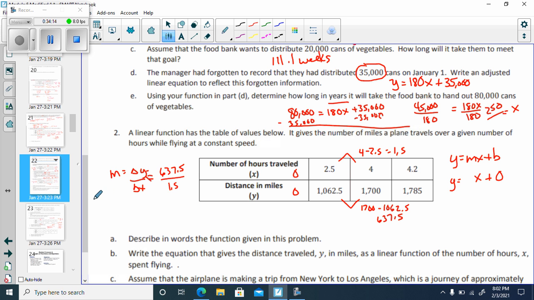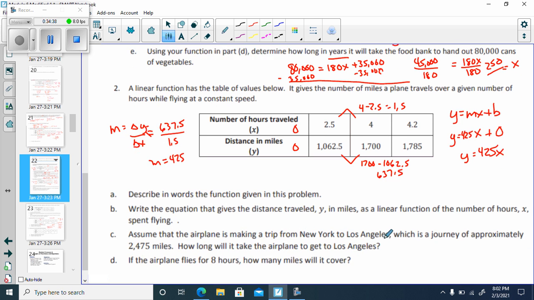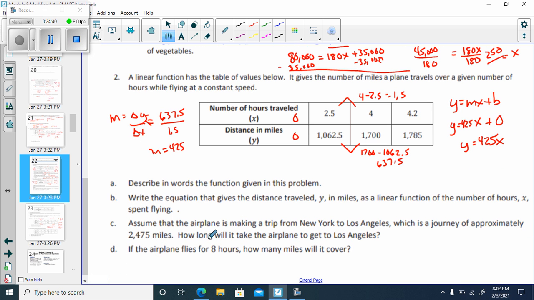And that would give me 425. That means we're flying 425 miles per hour. The equation would be y is equal to 425x. I don't need the plus 0 at this point. Describe the function. This says that the number of miles flown is 425 miles per hour times the number of hours. We just wrote the equation.